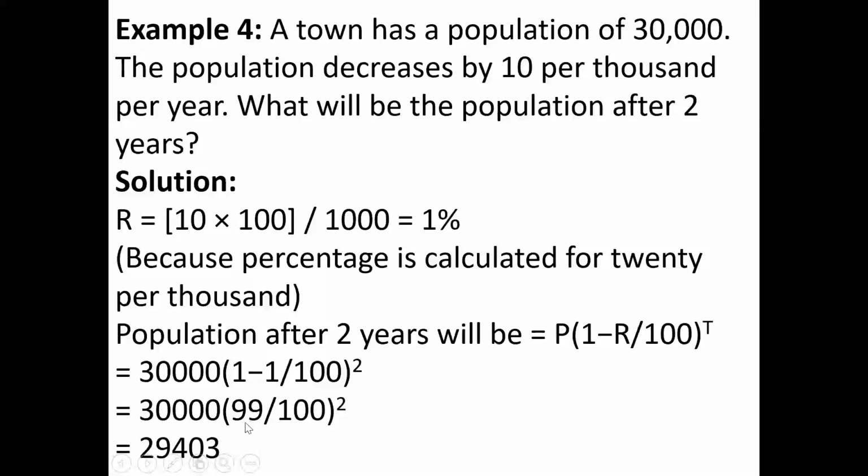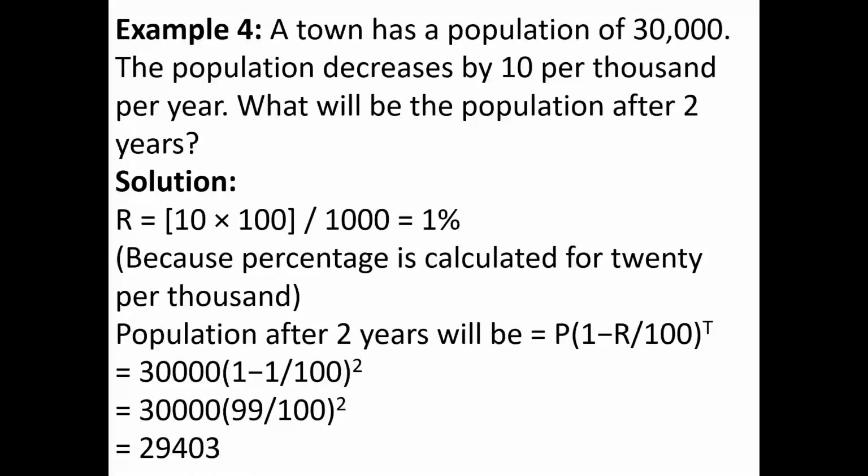That will give you 30,000 into 99 by 100, whole thing squared. It should actually be 100 minus 1, so 29,403. Okay, that is a simple problem only.